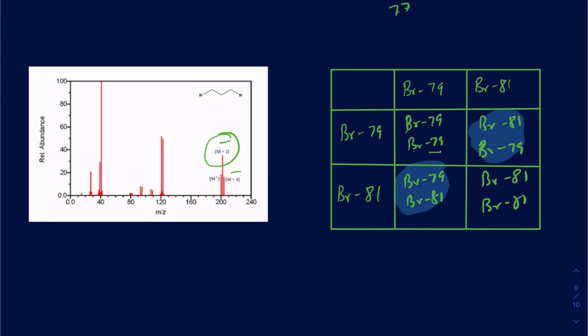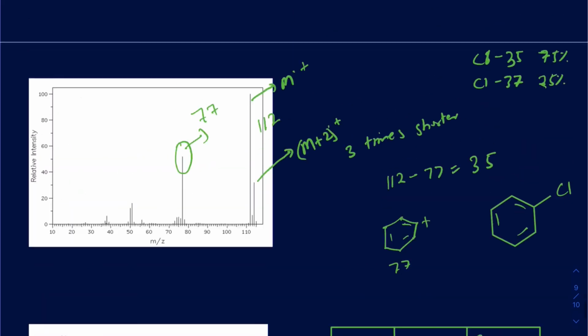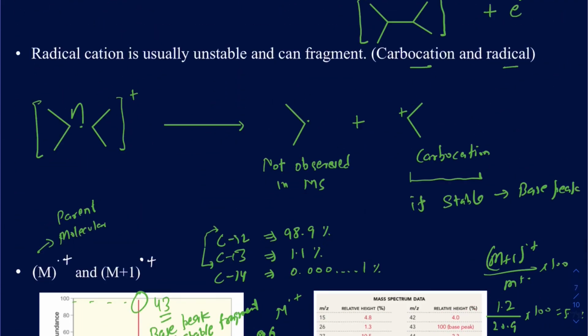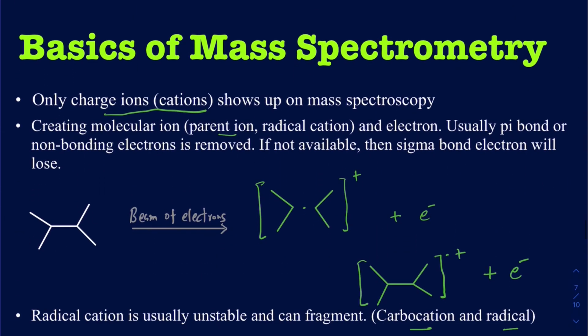So that's why this is going to be a 1 to 2 to 1 ratio of these peak heights. So this is how you're going to be determining it, and you can obviously calculate the chlorine as well based on their data and their relative abundance. So this is how you're going to be looking at mass spectroscopy, very basic stuff.